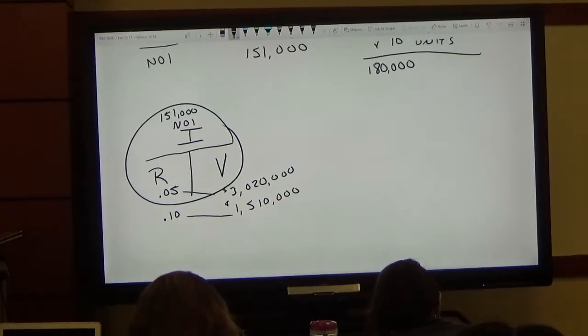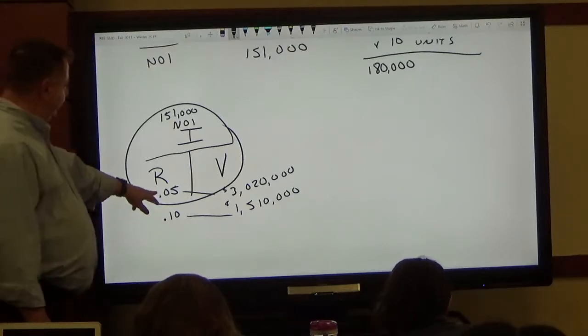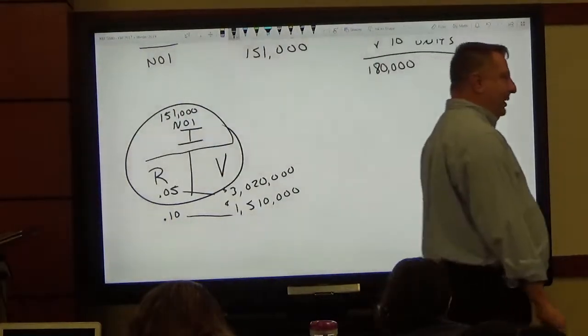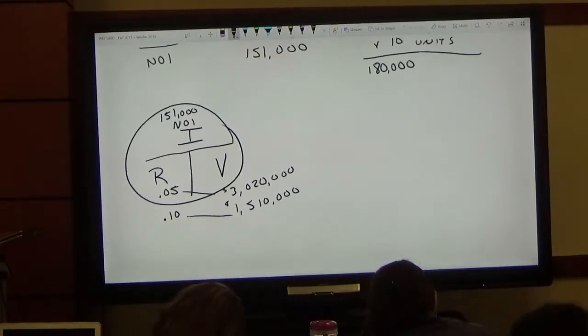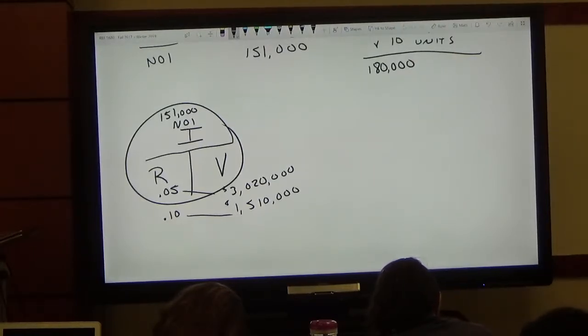Does that make sense? So a good portion of that cap rate is determined by prevailing interest rates within a market, but also, tangentially, by the perceptions of that market and of that property type.